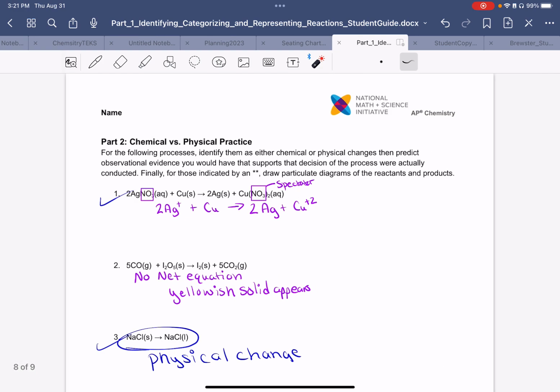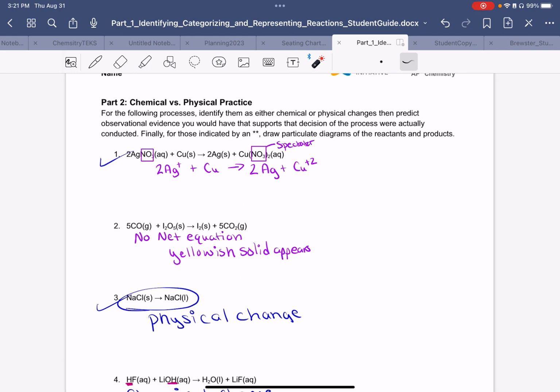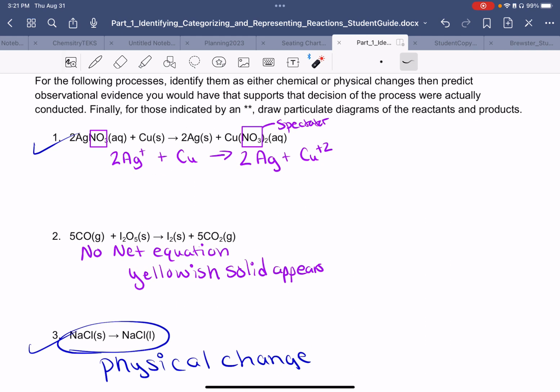Then the last part, part 2, we have the reactions. And again, we're working on the spectator ion aspect of it. So remember, if it stays the same state, it's the spectator ion. We mark those out, and then we get our overall reaction.